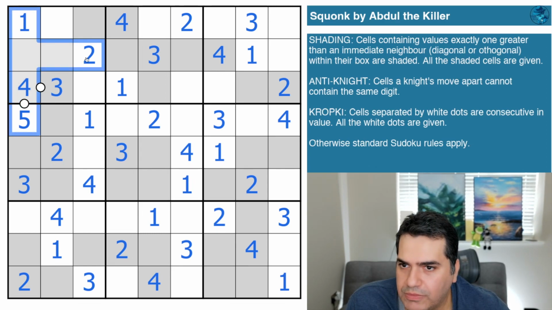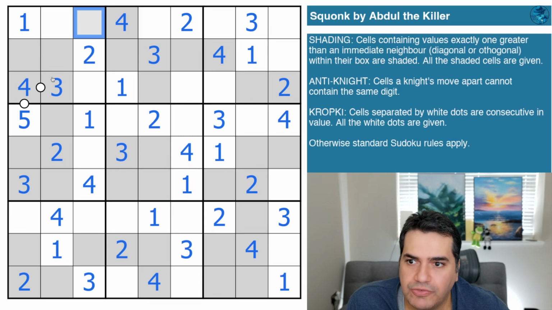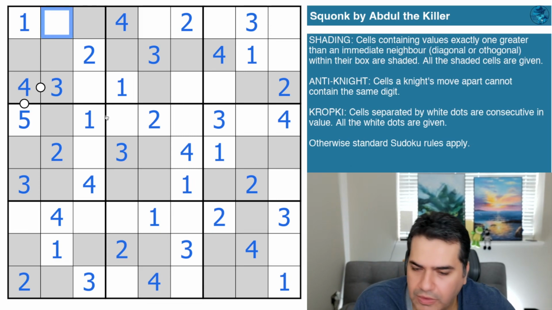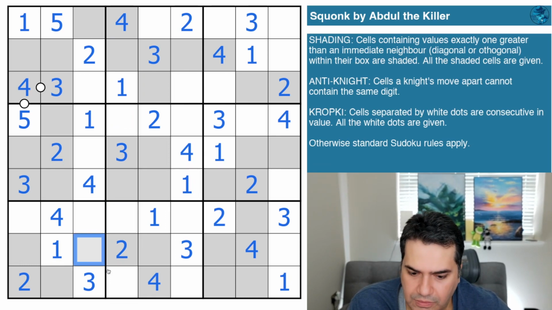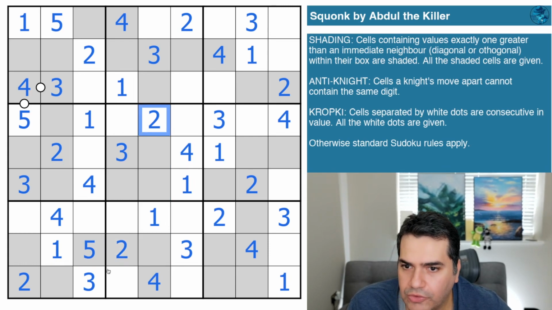Right, we were talking about 5s now. None of these can be a 5. 5 is up here. This couldn't be a 5 because it's not near a 4. That's 5. One of these is 5. Clearly not the white. I think we've got this now.